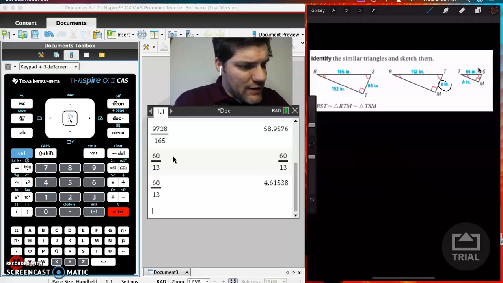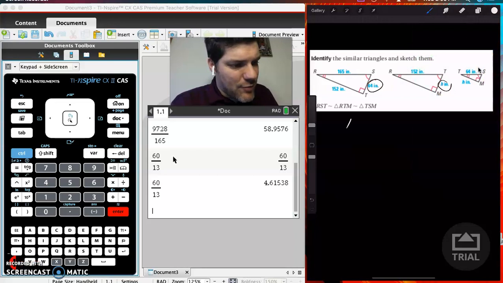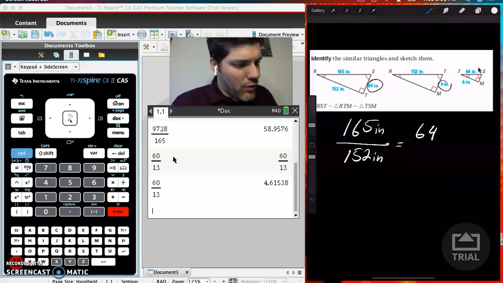Only one side is going to give us the information we need, though. And so what I ended up doing is I said, well, we're going to set up a ratio, 165 inches over the similar triangle next to it, which is 152. And then we had 64 over H.